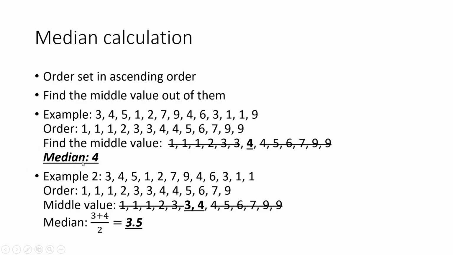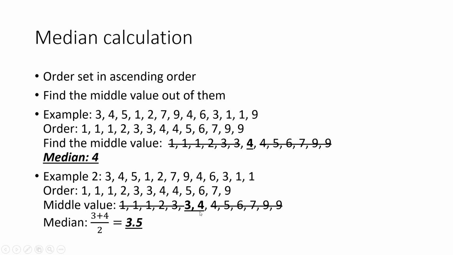Okay, so example 2, we have this data set. All I did is remove the 9 from the previous data set. We ordered them from lowest to highest. For this one, we have 1, 2, 3, 4, 5, 6, 7, 8, 9, 10, 11, 12, so this is an even one. Again, you're going to divide it by 2, so you count 1, 2, 3, 4, 5, 6, and take the 6th one and the 7th one.